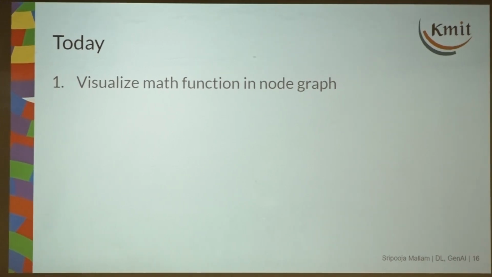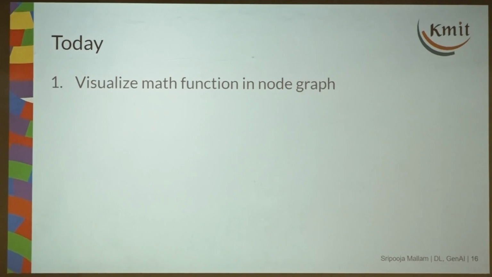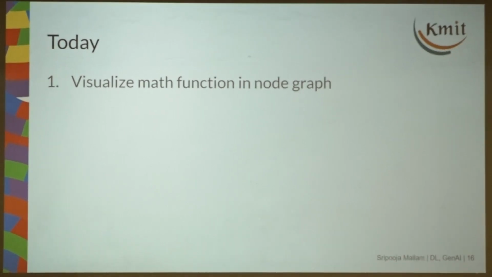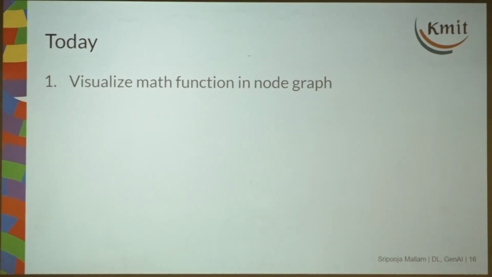So let's represent math functions also in a node format, so that it's easy for us to understand the math processing, how the gradients flow, how the data flows, what happens in forward propagation, what happens in backward propagation. That's the reason why we'll be switching to the node representation of math expressions.